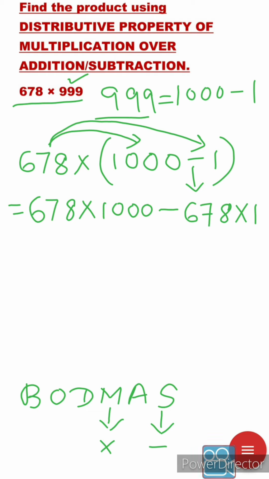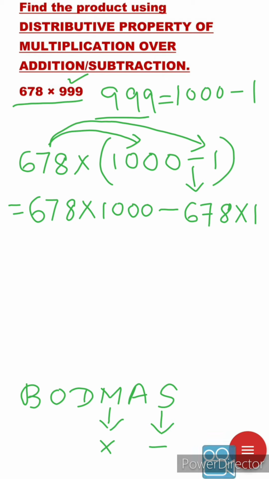So here we are having only two operations, multiplication and subtraction. So we will be concerned with these two operations only here. So you can see here, according to BODMAS rule, multiplication comes first and then comes the subtraction. So for that what we have to do? We have to do the multiplication parts at the beginning.